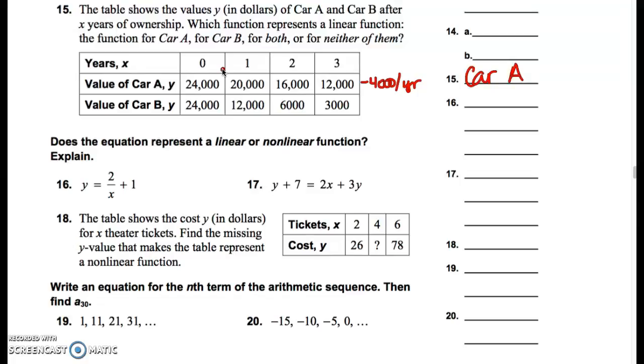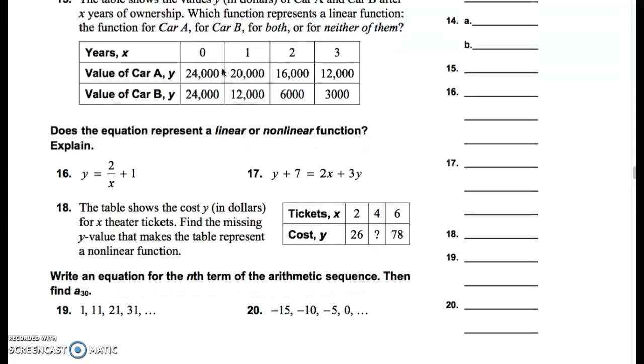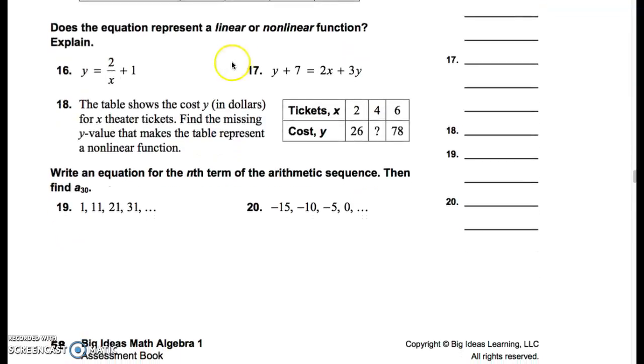Okay, 16 and 17 want to know if the equation represents a linear or a nonlinear function. So back on the first page of this study guide, I don't remember what number it was, but one of them we kind of started talking about what it takes to be linear or nonlinear. Okay, so if it is going to be non-linear, probably be easier to explain this part first.